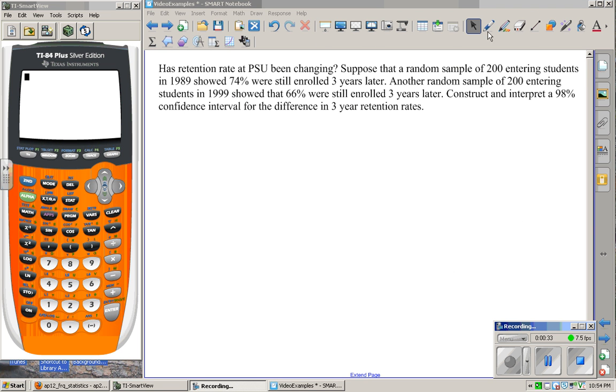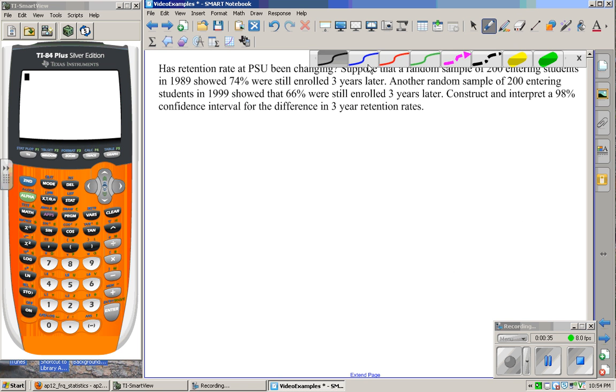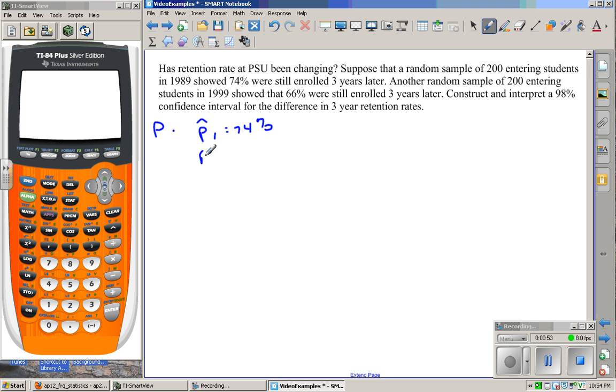So since we're doing a confidence interval, this is going to be a PANIC problem. To set this up, we have two different parameters. We have p hat 1, which is 1989, which was 74%, and we have p hat 2, which was 1999, which was 66%.